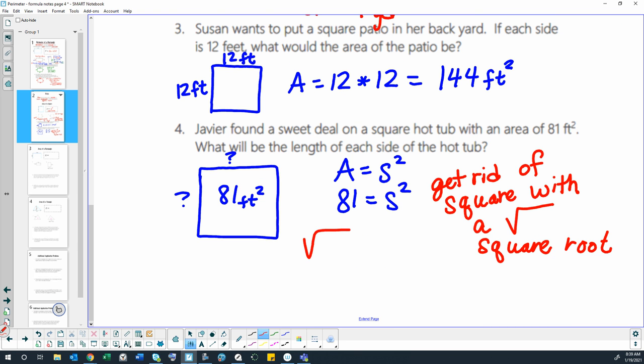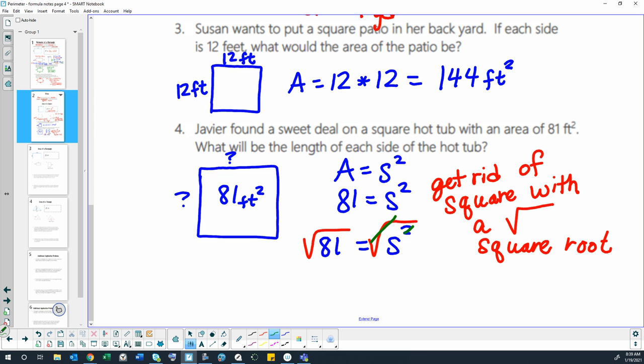We're going to square root the 81. We're going to square root the s squared. And the result of square rooting s squared is that the square and the square root cancel each other out because they're opposites. So then all we have to do is the square root of 81.